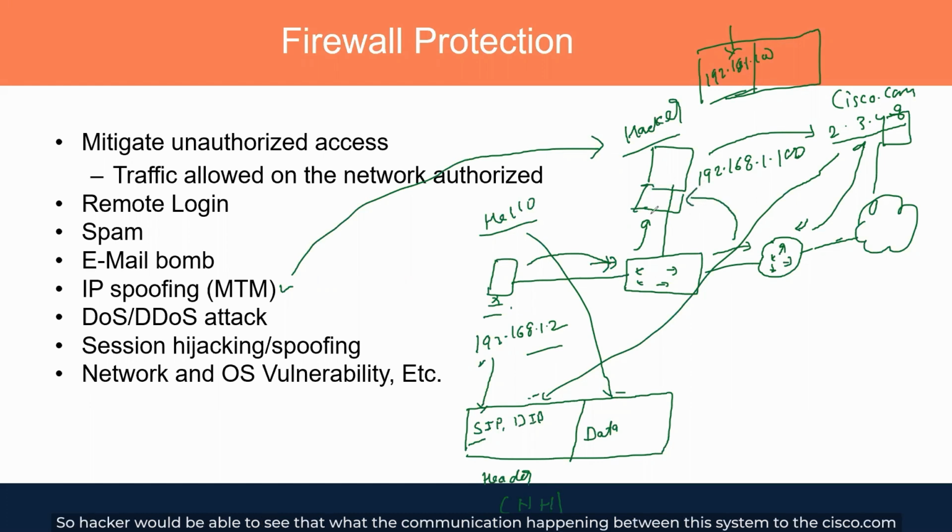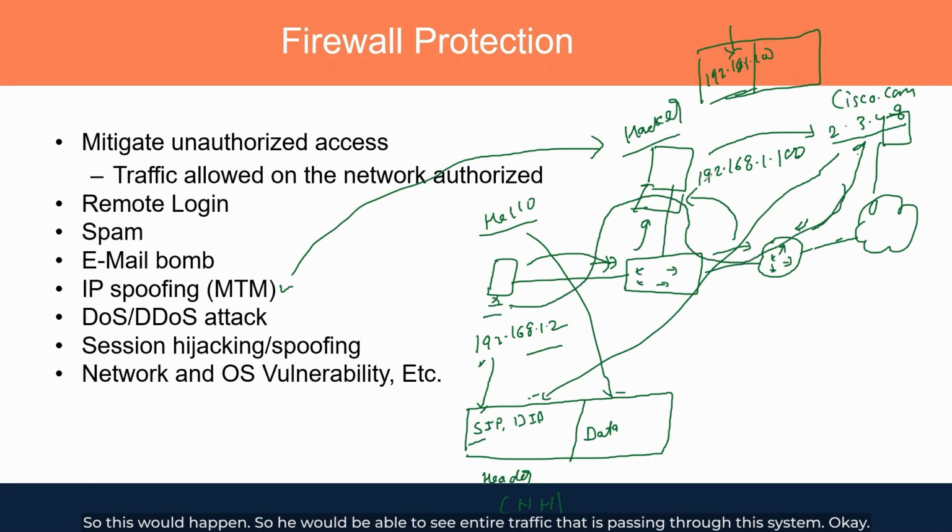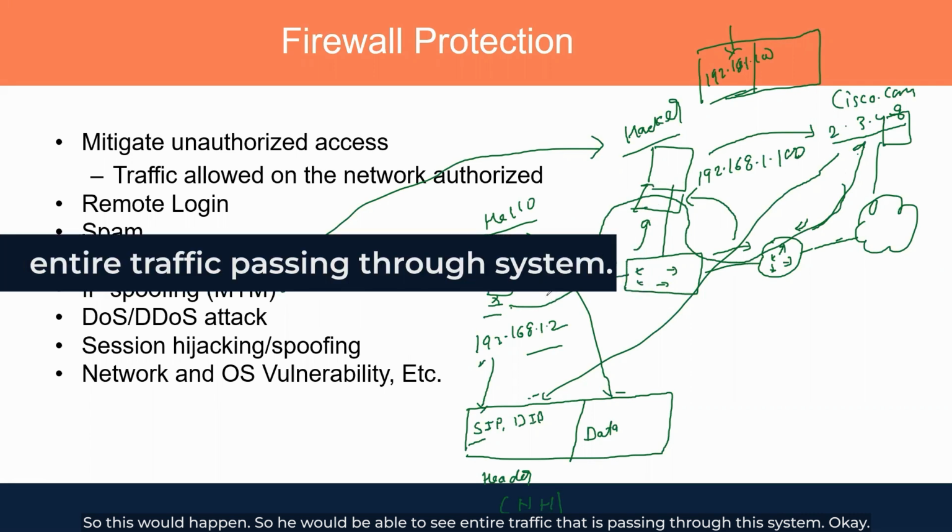So the hacker would be able to see what communication is happening between this system and cisco.com. If the hacker is doing a man-in-the-middle attack, the entire communication goes via this system to the hacker machine, and from the hacker machine it goes back to cisco.com. So he would be able to see the entire traffic passing through this system.